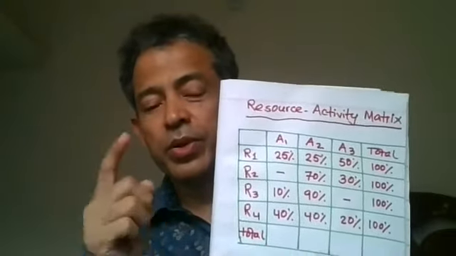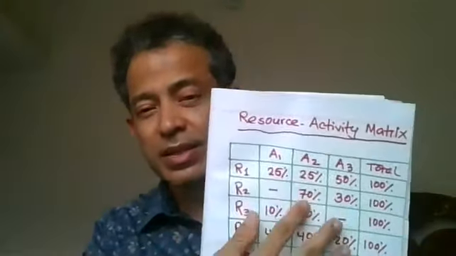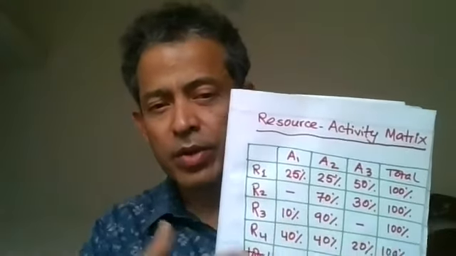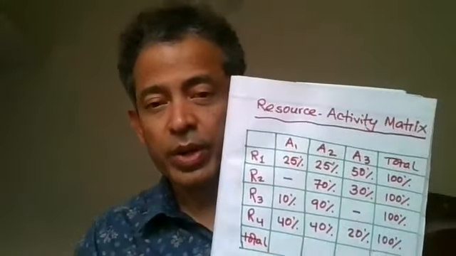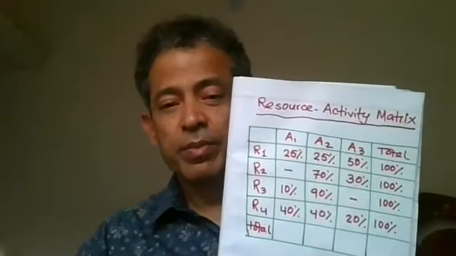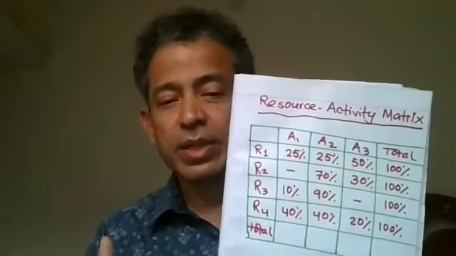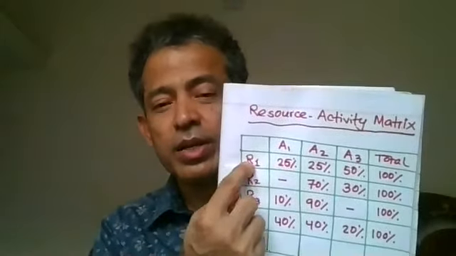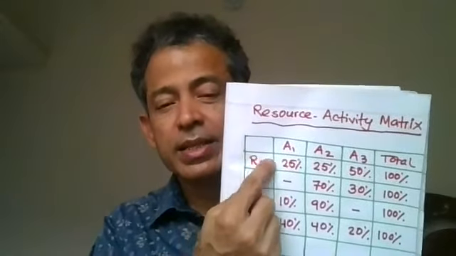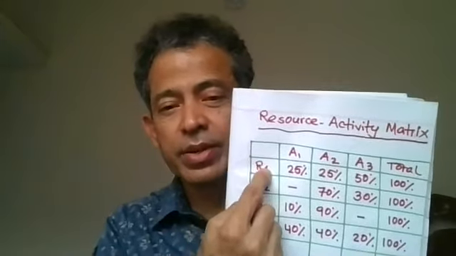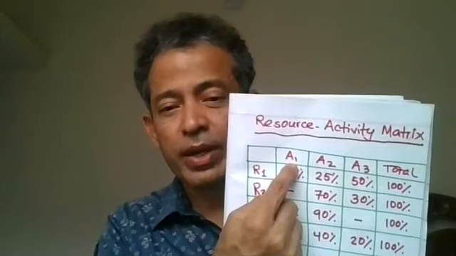What you have to do, your first job is to find this. This needs a lot of rounds of consultation. Like the Delphi method would be a good one, where you keep deliberating until you come to a consensus. So how much of resource 1 is spent on activity 1? Say at a bank, this is the manager's salary and activity 1 is account opening.